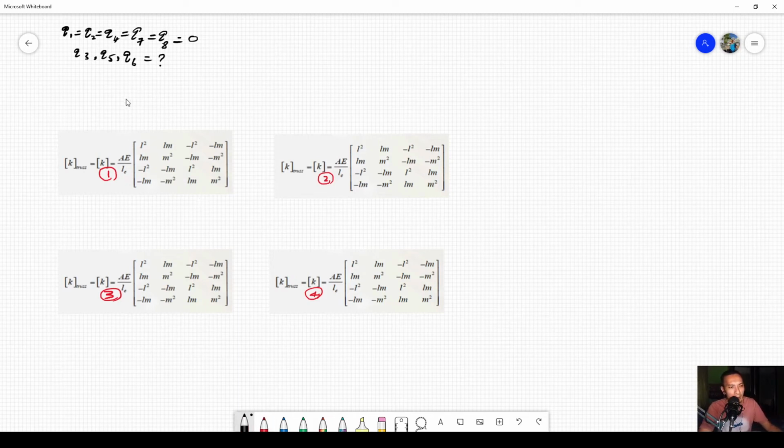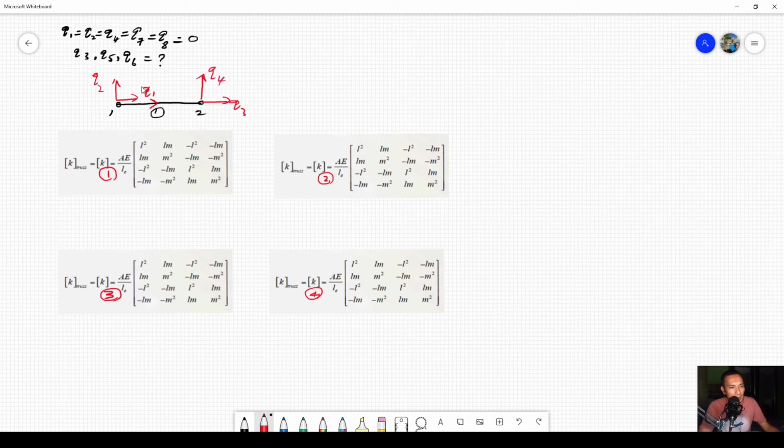Considering element number 1, which spans from node 1 to node 2, our element is connected from 1 to 2, and if we draw the deformation or displacement at each end point, then we will have q1, q2, q3, and q4.